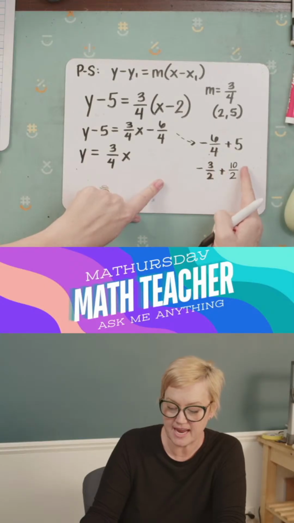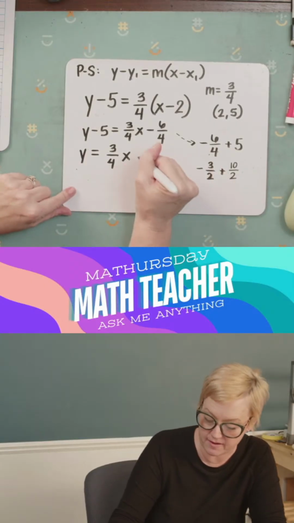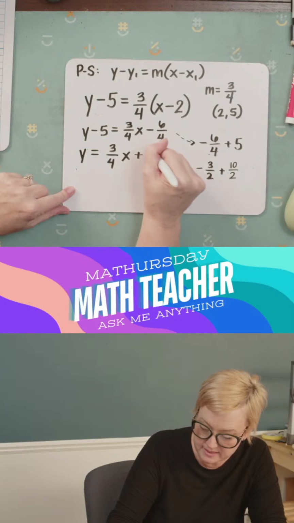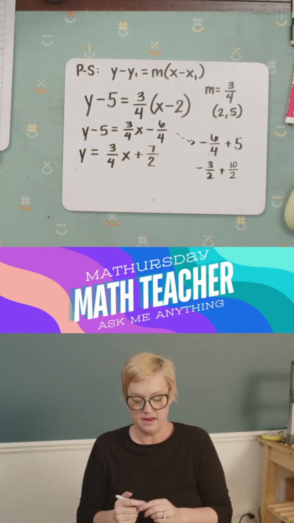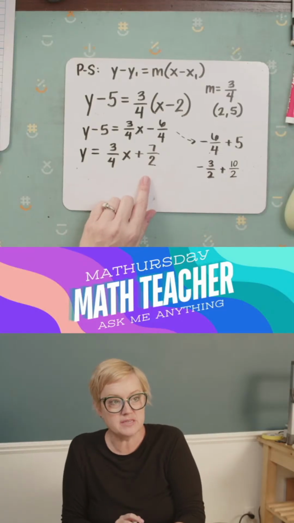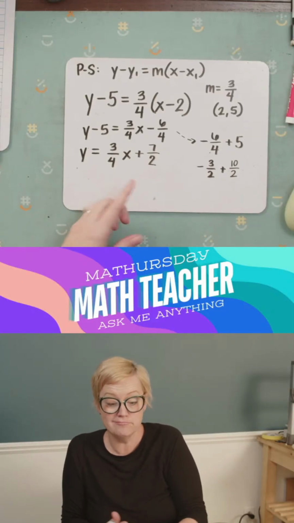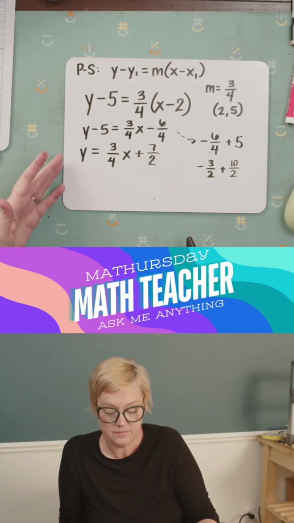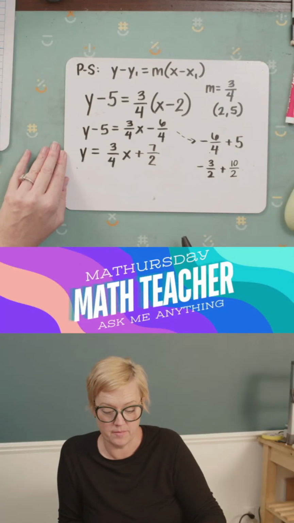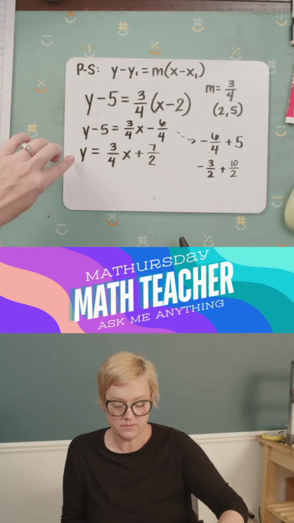Negative 3 plus 10 gives me 7 halves. So this is plus 7 halves. Okay. So my y-intercept is 7 over 2. That's our slope-intercept form. So we had point-slope form, slope-intercept form.